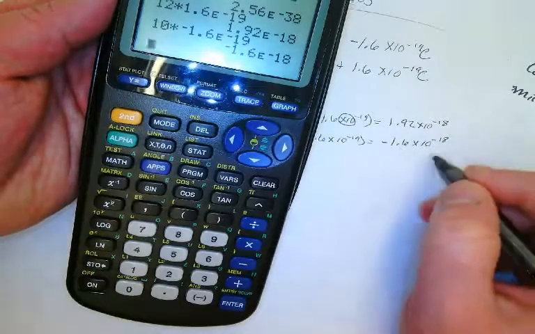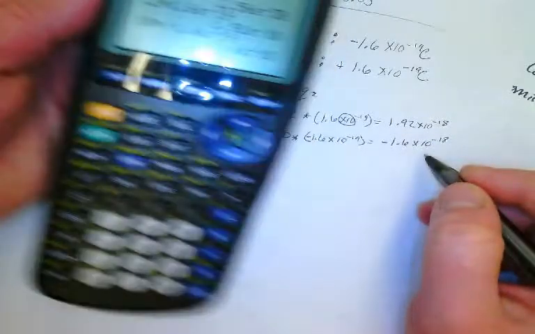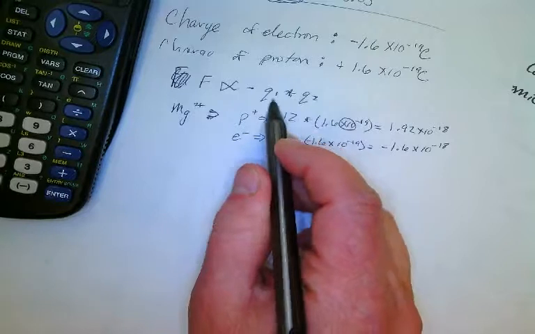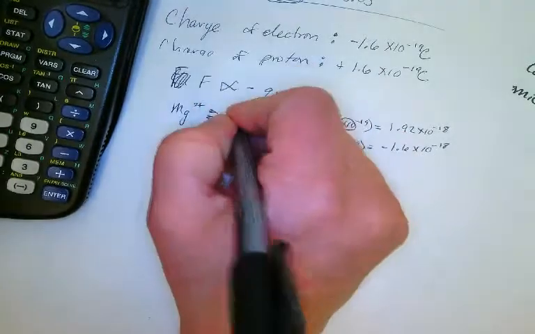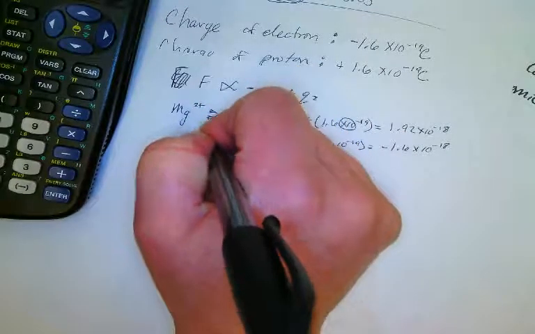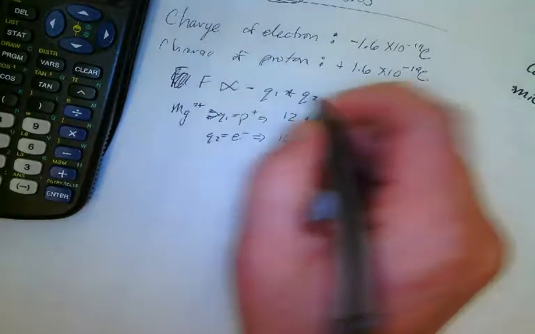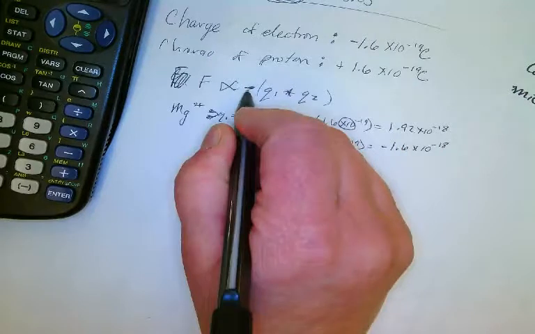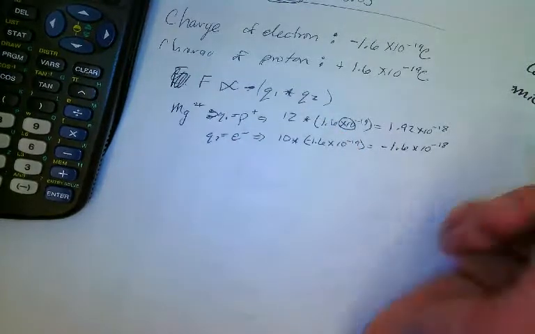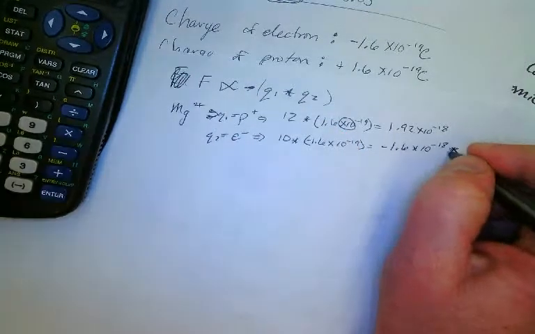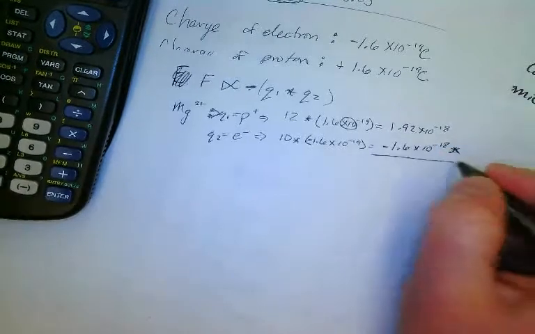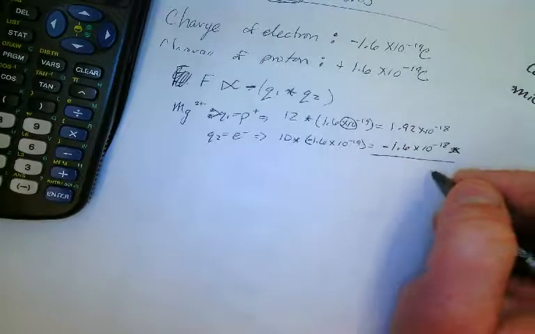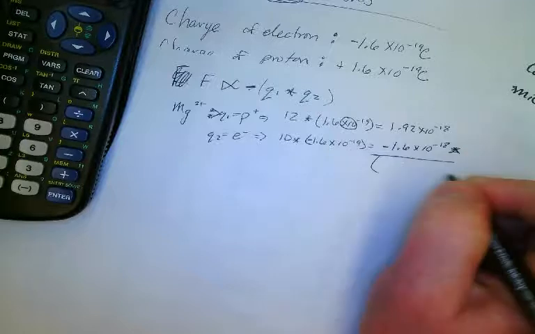Now, what am I going to do with these numbers based on our equation? That's Q1, this is Q2. I'm going to multiply them together. What do I have to make sure I do? I have to make sure I use that negative sign out there. So I'm going to multiply these together. But I have to make sure I multiply that by a negative 1 at the end.